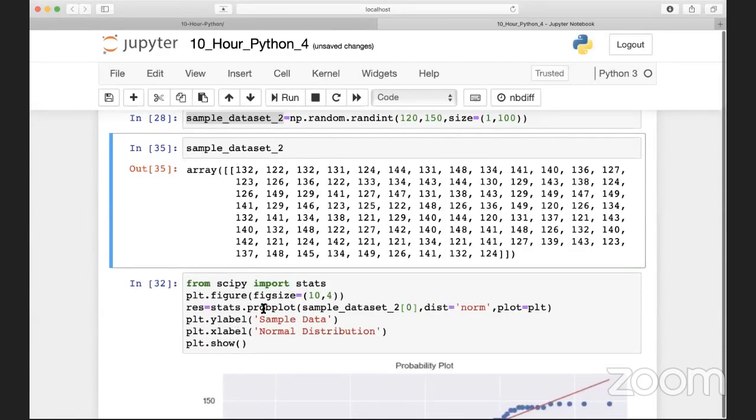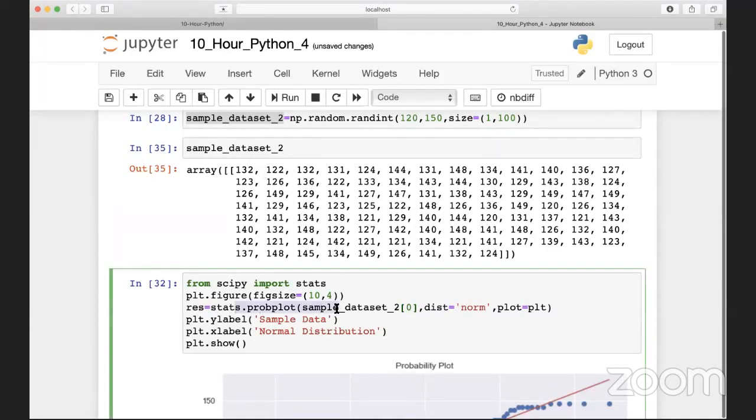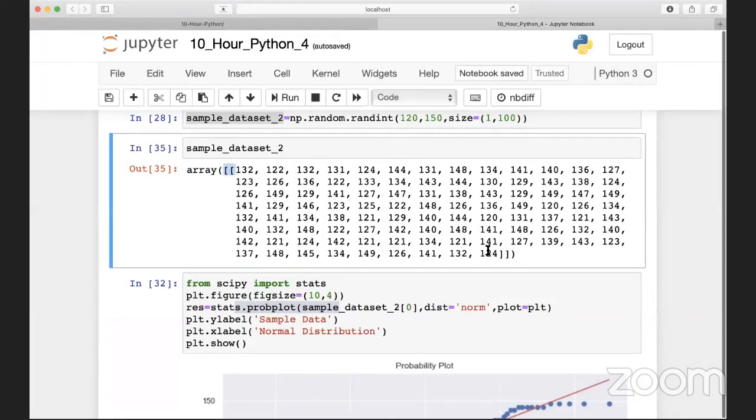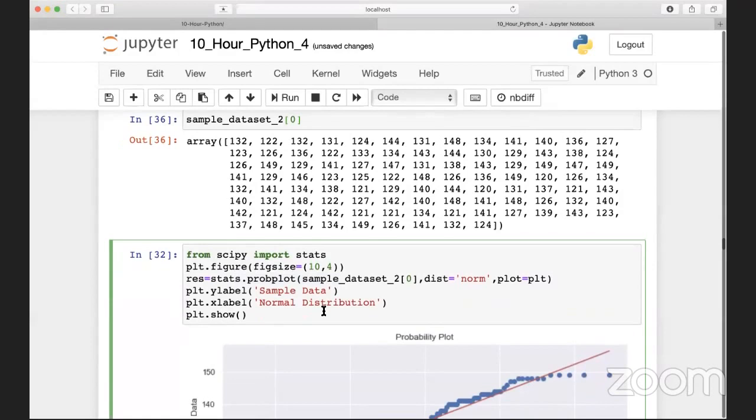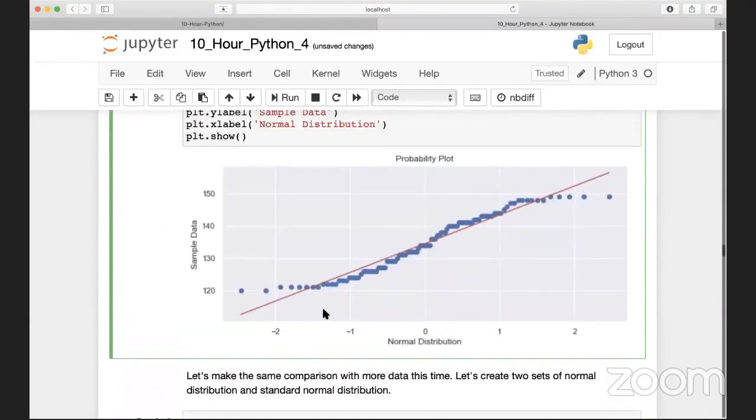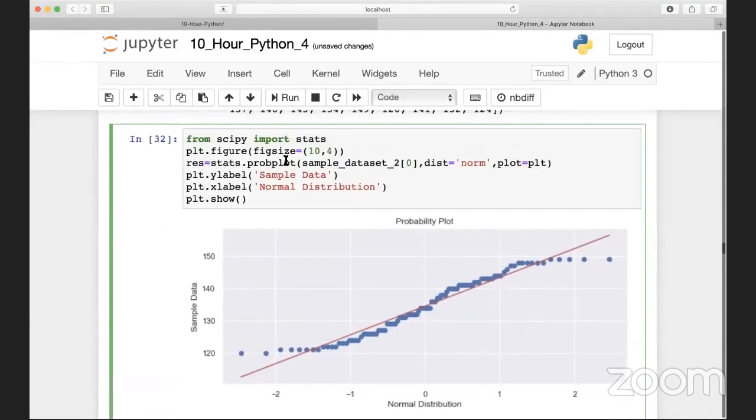It doesn't recognize the plots. It's not recognized in a one-dimensional case if you have two brackets here. So that's why we have this trick here. We get rid of one of them, so we are ready to draw the graph. You see? It's really easy to apply QQ plot using probplot.